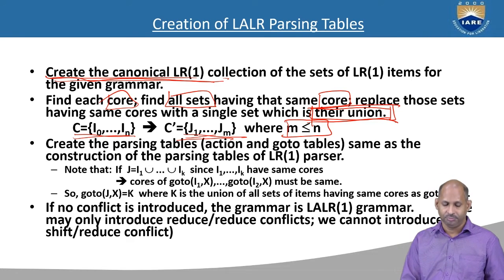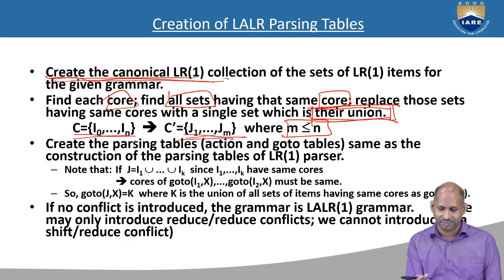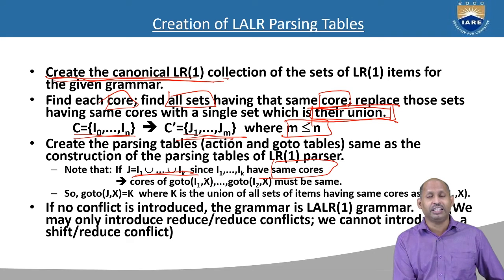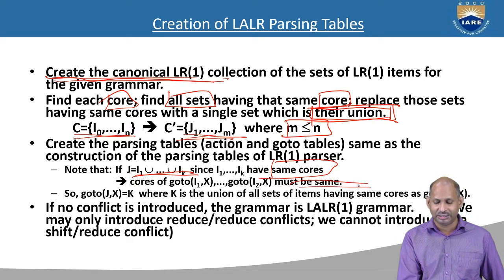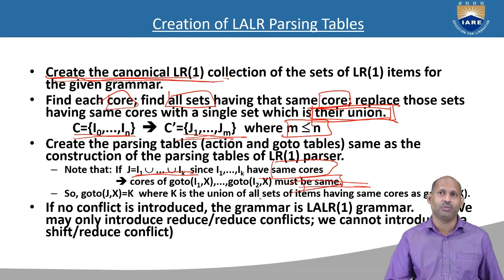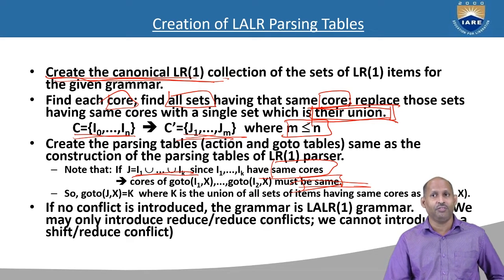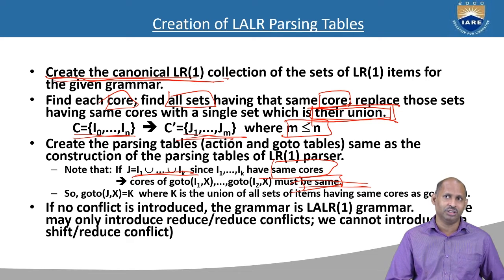So here, note that if I equals the union of I1 to Ik, they have the same core. So wherever there is a goto operation, I1x to I2x must be the same. After combining all that I1 to Ik, any state's goto operation results in the same state.